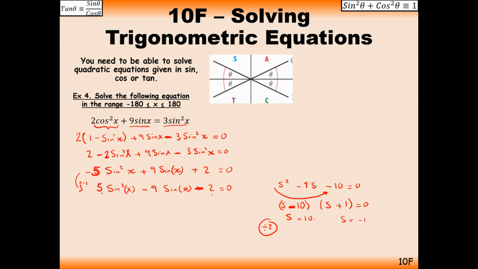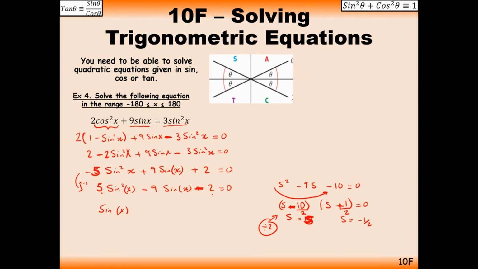Now, sorry, I forgot the division by 2. This divides by 2 and this divides by 2. So it's actually s equals 5 and s equals a negative half. Okay, so that's why I put this. So when I factorize this, I end up with two answers.